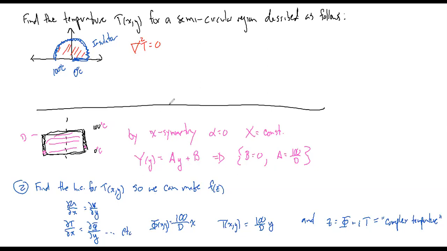So it turns out that if I just take this, we have a conformal mapping that turns rectangular regions into circular regions, and we got to describe the points.